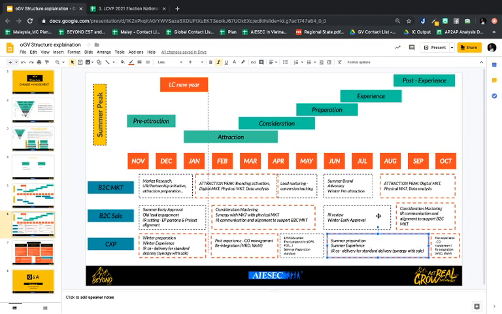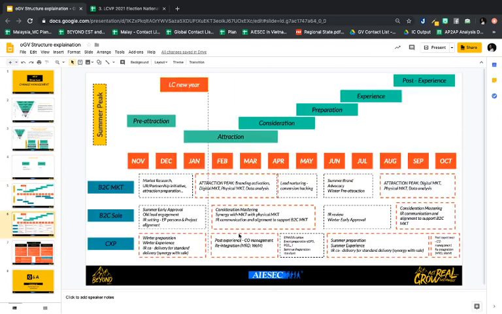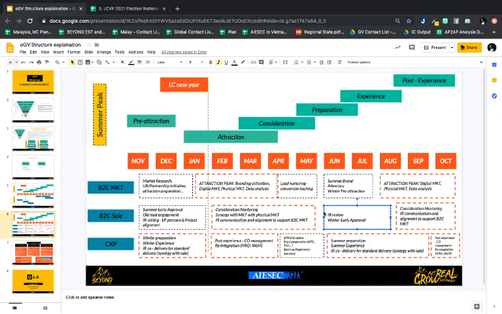So if you see in here, we have no time that these three areas have nothing to do. So the thing to keep in mind is to be balanced between strategic role and business as usual role. So even if this time is not the pick of the B2C sales team, they actually can become the EP manager in order to support the customer experience team.